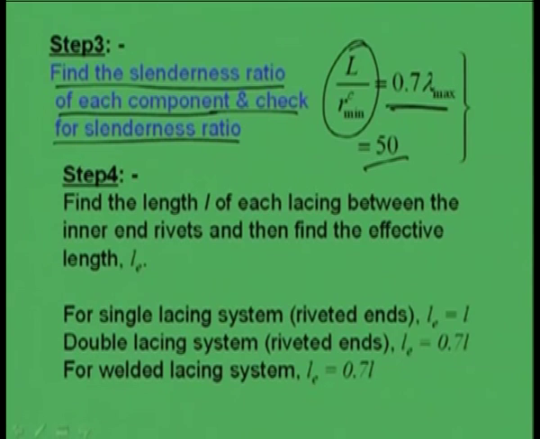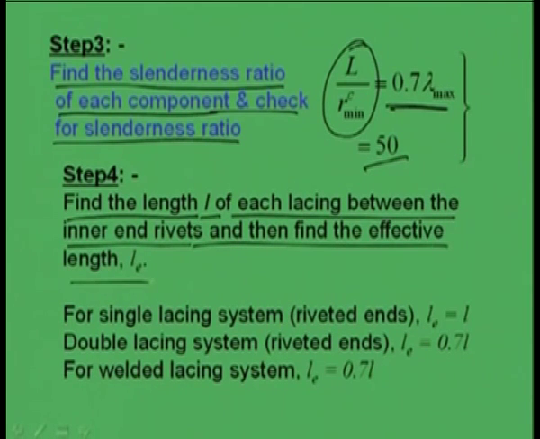Then in step 4, find the length l of each lacing between inner end rivets, and then find the effective length. The effective length can be found from the table given earlier. So, from small l we can find the effective length.